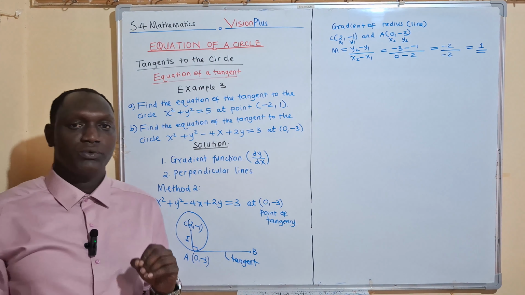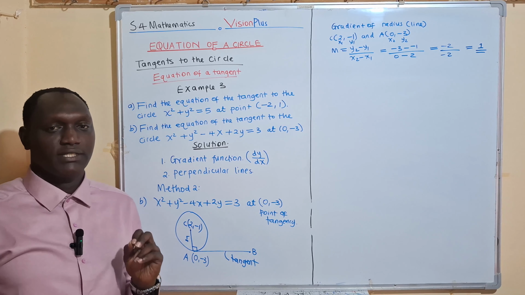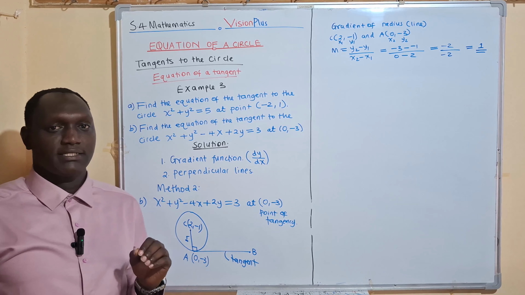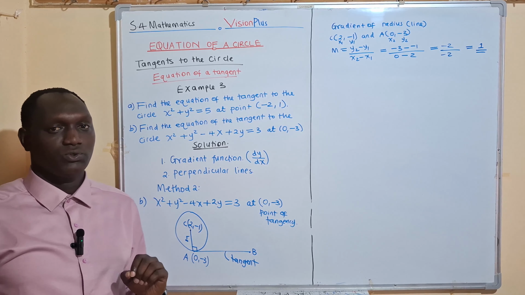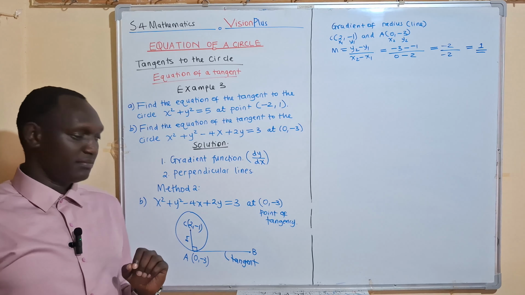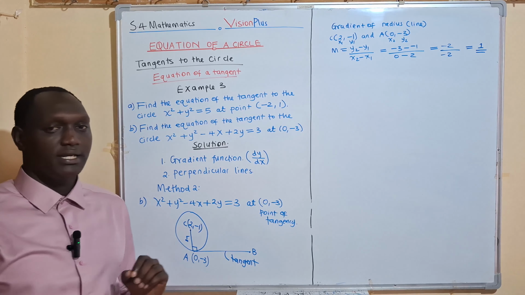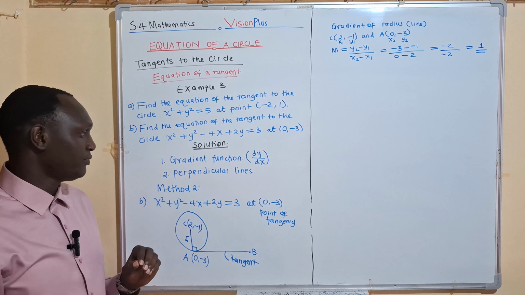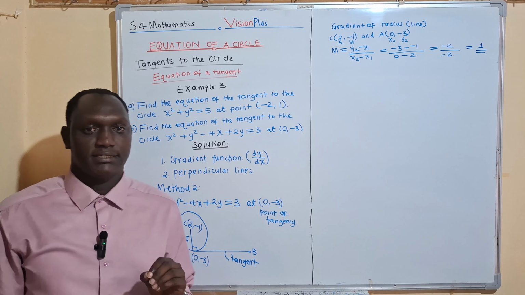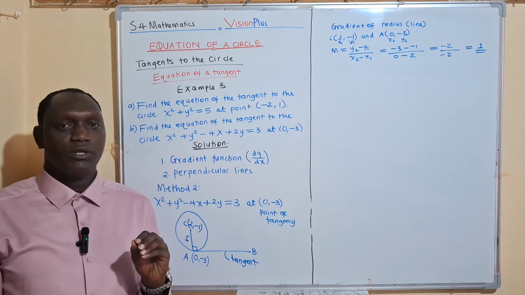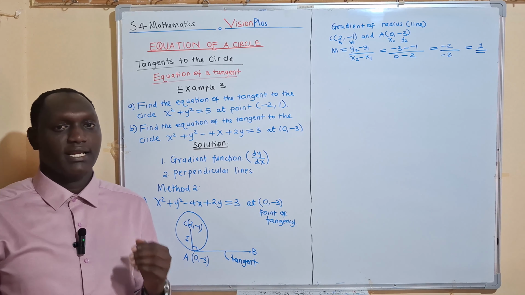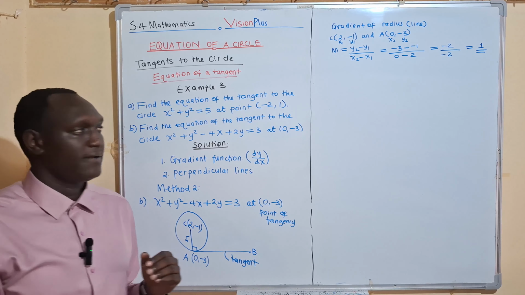Now, how do we relate the gradient of the radius to the tangent? We have said that the radius is perpendicular to the tangent. That means they meet at a right angle, 90 degrees. So the concept of perpendicular lines says that if two lines are perpendicular, then the product of their gradients is -1.